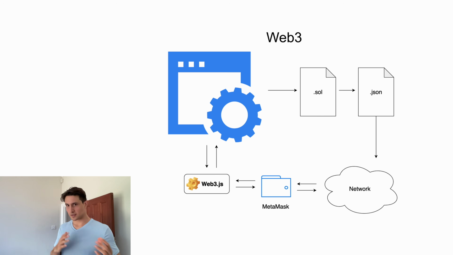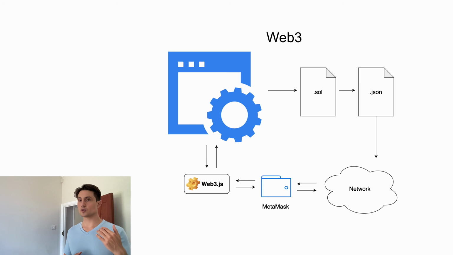But again, coming back to this diagram and Web3, you will write your smart contracts in Solidity. That will be compiled into a JSON file. Within that JSON file, you'll have information about your smart contract. For example, the bytecode, the binary code that gets ultimately migrated and deployed to the Ethereum network. It's in that JSON file. But actually that JSON file will also be used on the front end.